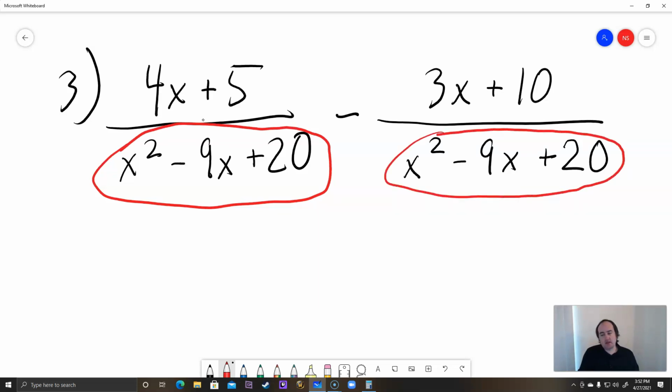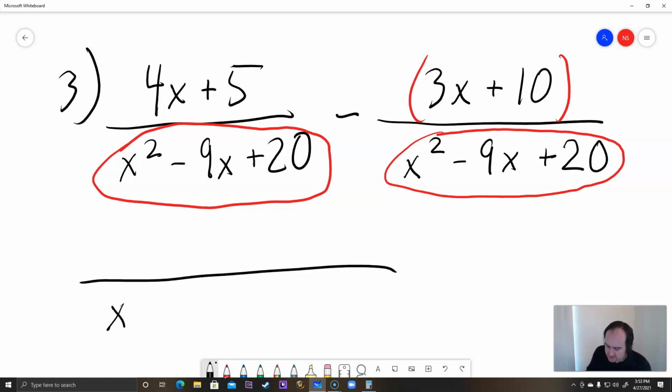Okay, and if they're the same denominator, you just keep the denominator and you add or subtract on the top. But on the top here, I see the 3x plus 10, since we're subtracting that and it has more than one term, I'm going to put parentheses around the 3x plus 10. Okay, and then we just keep the denominator. So we're going to keep the x squared minus 9x plus 20.